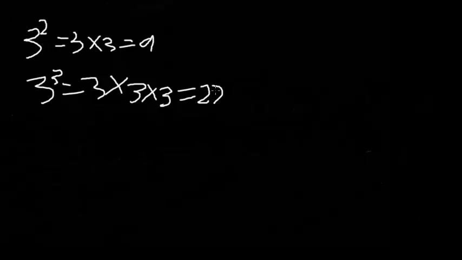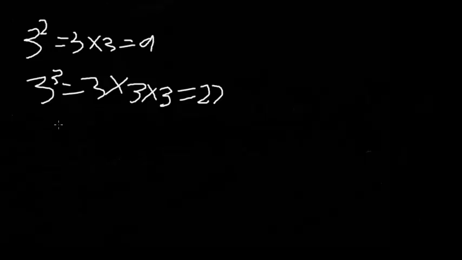This is the basic, called the index, and you read it as "to the power of". For example, if it's 4 and 2, it's 4 to the power of 2.